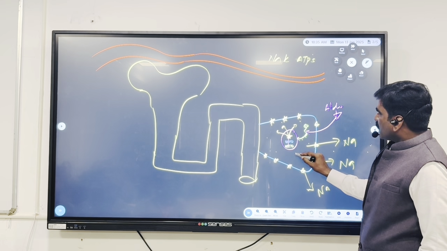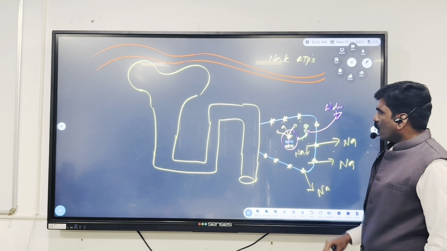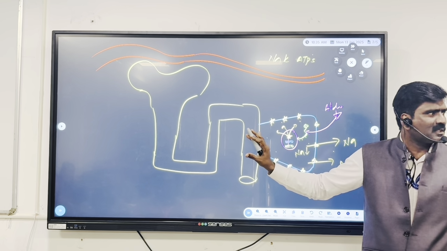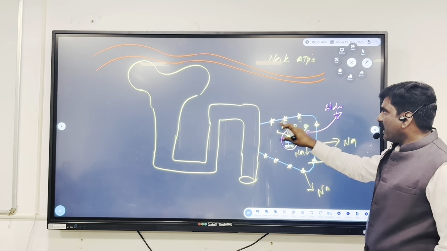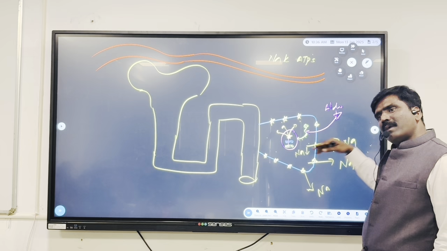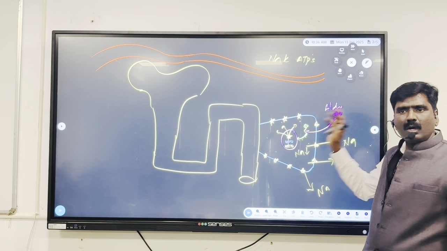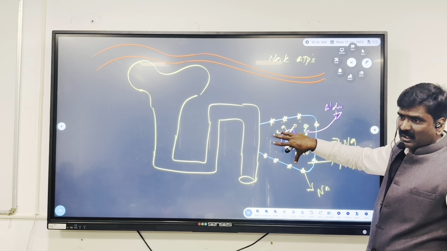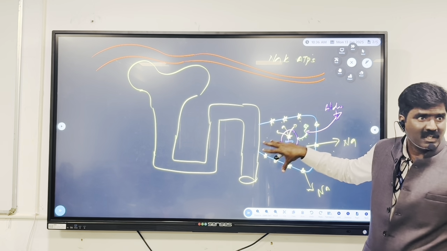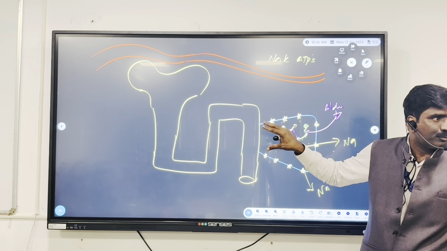So what will happen here? The sodium level will become low. Normally intracellular sodium is high, but because the ATPases have come, sodium will go out, and the sodium level will become less in the primary cells near the collecting tubules.